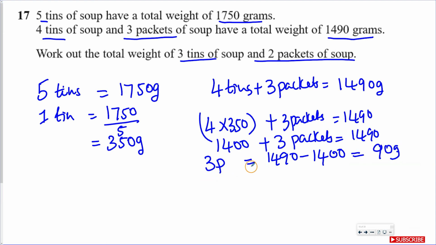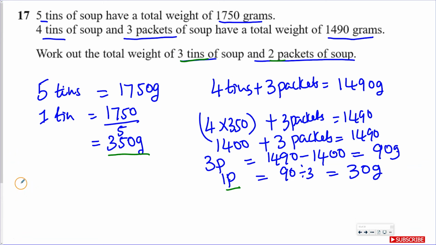So 3 packets is 90 grams. That means 1 packet is going to be 90 divided by 3, which is going to be 30 grams. So we now know 1 packet weighs 30 grams, 1 tin weighs 350 grams. We can go ahead and find the 3 tins and 2 packets.